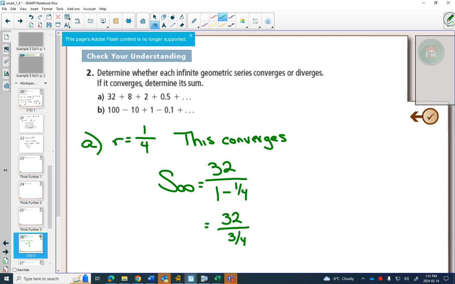Dividing by a fraction is the same as multiplying by the reciprocal. And so we get 128 over 3 as an answer, which, if you'd rather have a decimal, is 42.6 repeated.